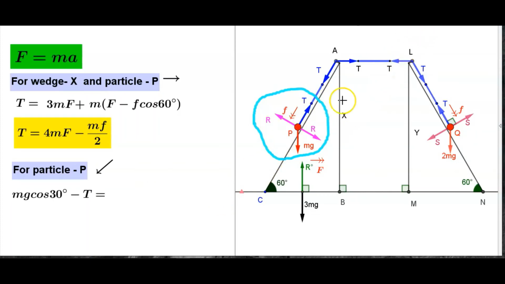The resultant force: the component of mg along the plane is mg sin 60, or mg cos 30, minus T. This equals m times the acceleration, f minus F cos 60.